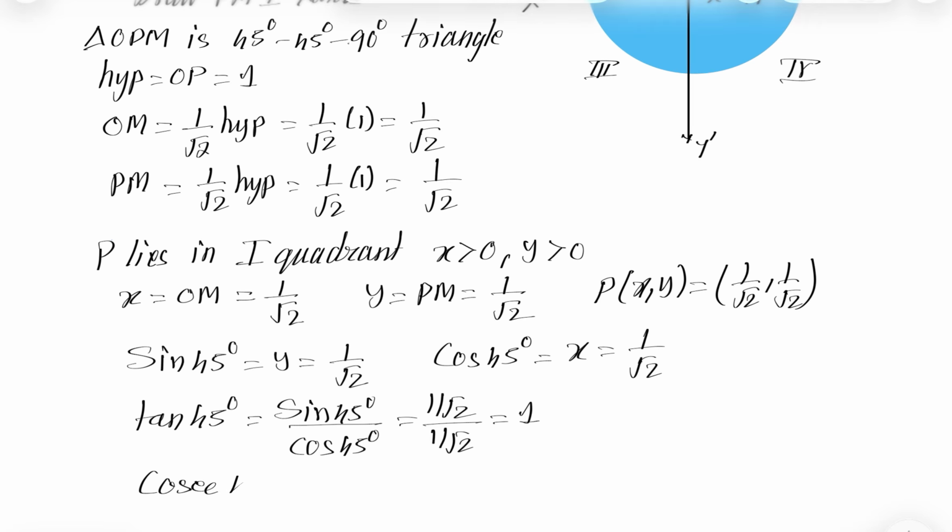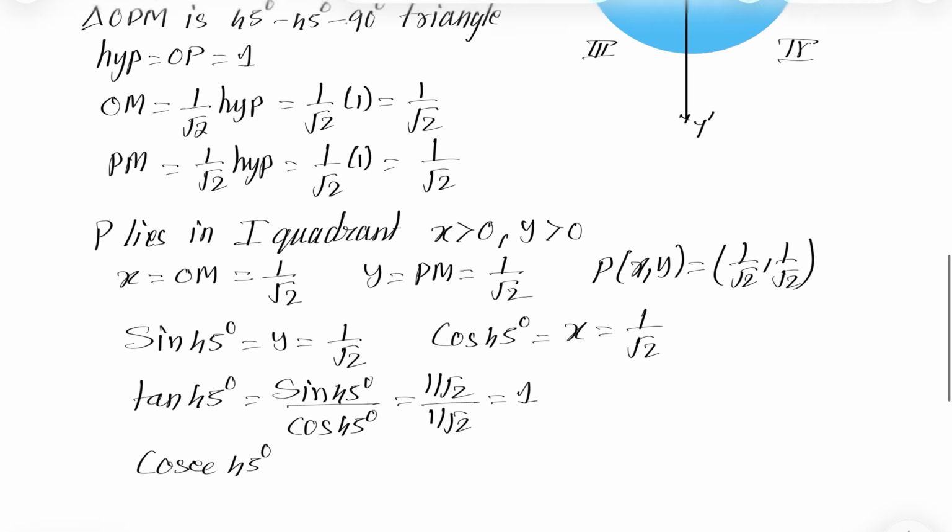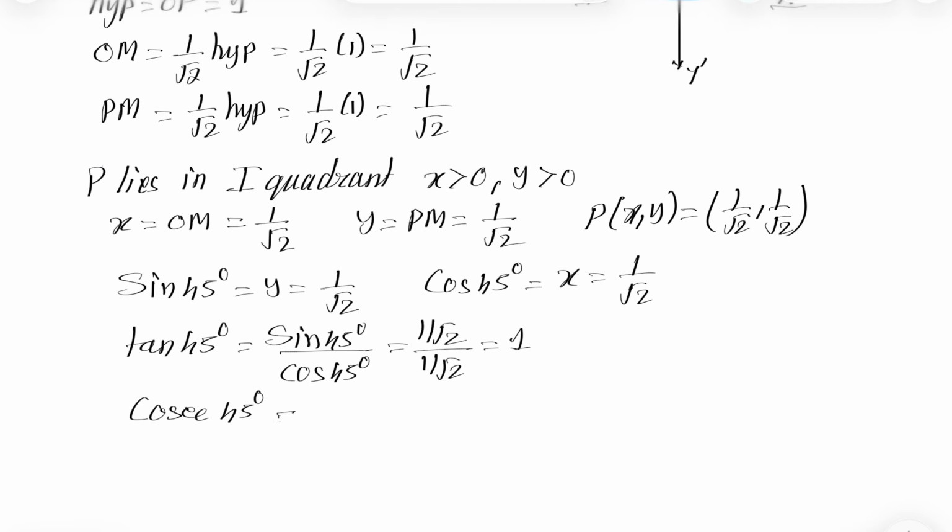Cosec 45 degrees is equal to 1 upon sine 45 degrees, that is equal to 1 upon 1 upon root 2. ये आएगा root 2.